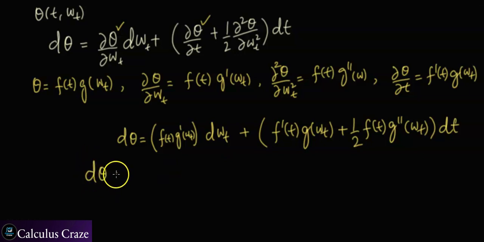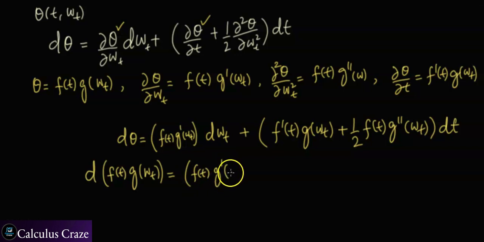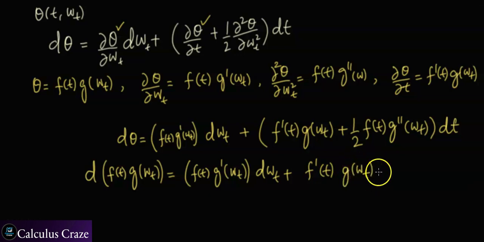So d theta, where theta is equal to f of t times g of W sub t, should be equal to f of t times the derivative of g of W sub t, dW sub t, plus f derivative with respect to t, g of W sub t, dt, plus 1/2 f of t times the second derivative of g with respect to W, dt.